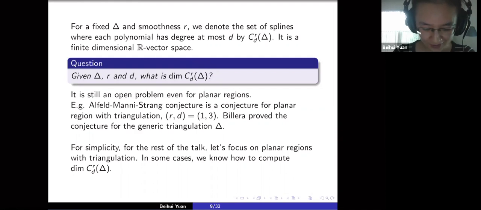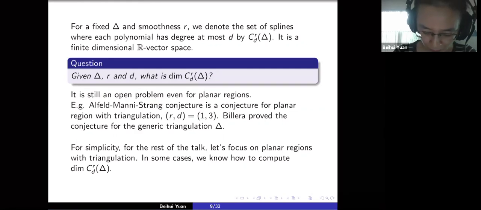Well, it is still an open question, even for planar regions. For example, this conjecture is a conjecture for planar cases, where R and D are relatively small. R is just 1, and D in this case is just 3.